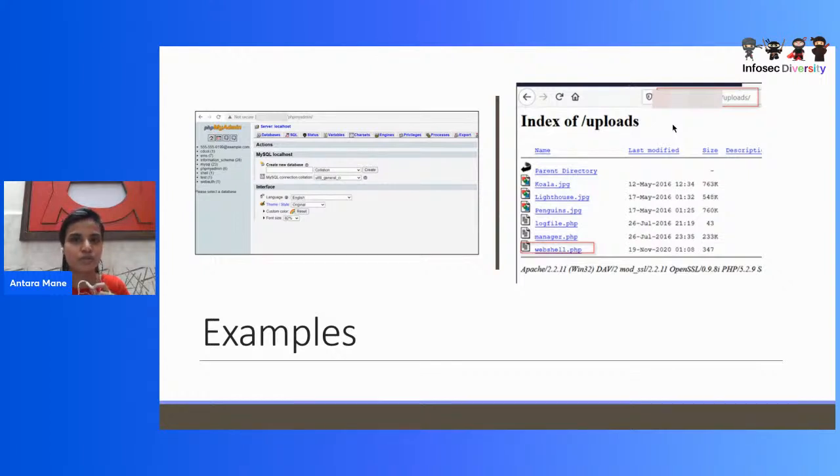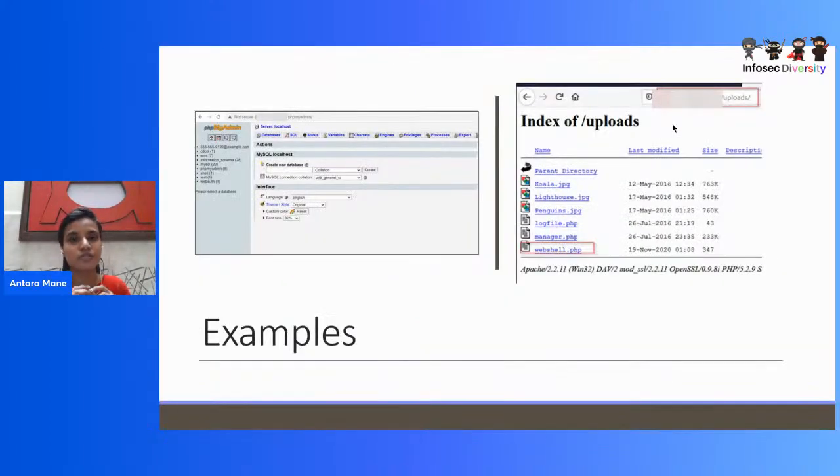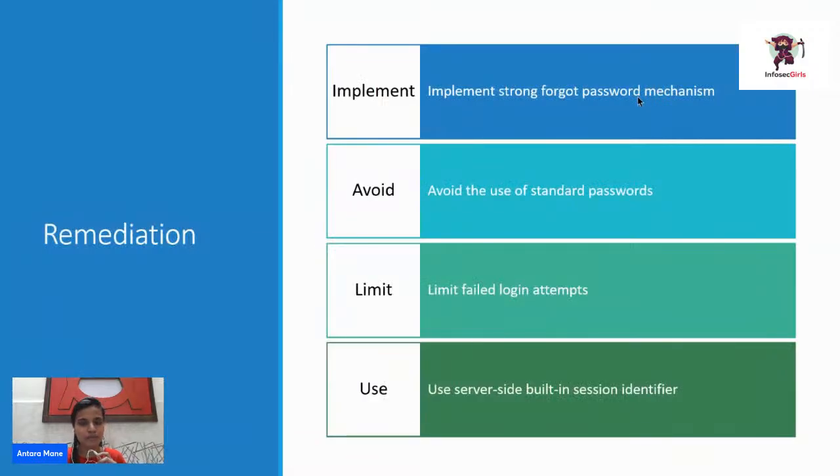Basically this should be restricted to localhost only, but it was exposed to the internet with root privileges. Another one was directory listing, the index of uploads, where it contained a web shell, which further led to a remote code execution attack, right? So these need to be taken care of.